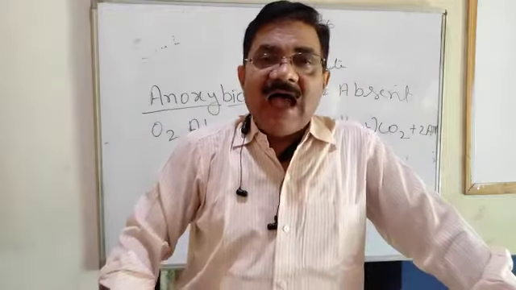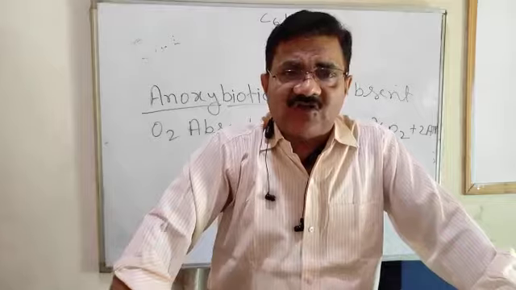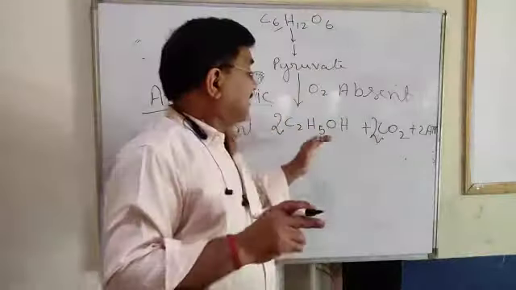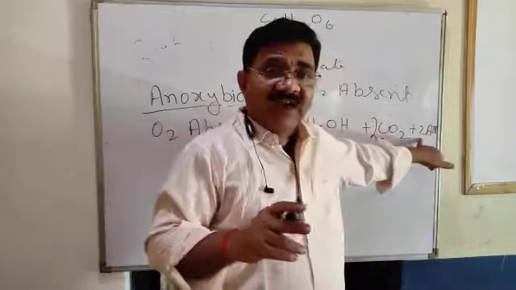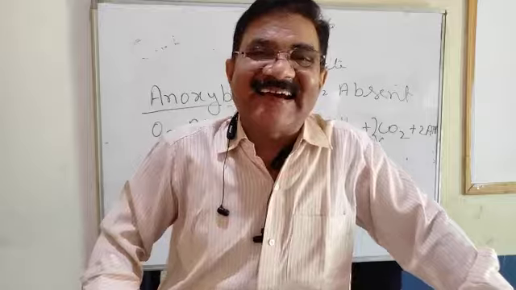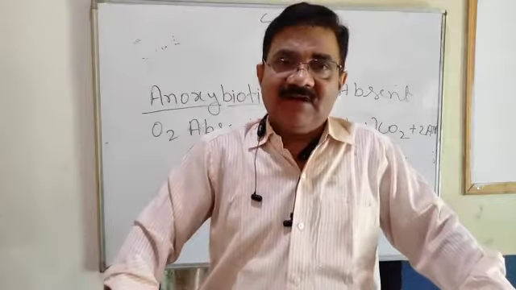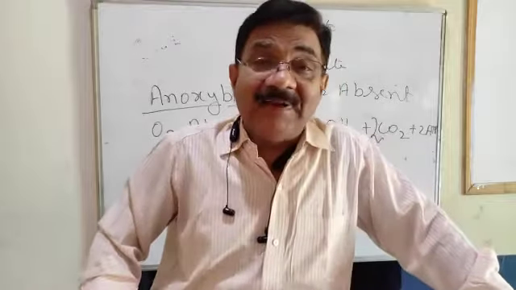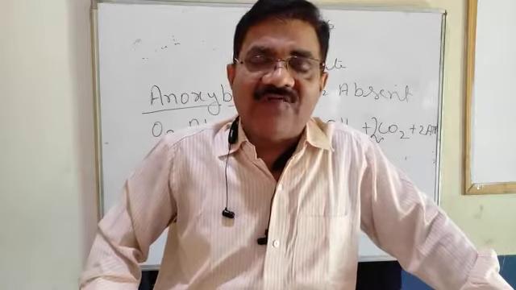So anaerobic respiration is also called anoxybiotic respiration, and here a less amount of energy, that is 2 ATP, is formed because there is incomplete burning or incomplete oxidation of food.